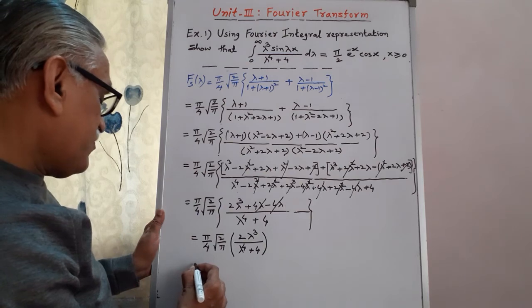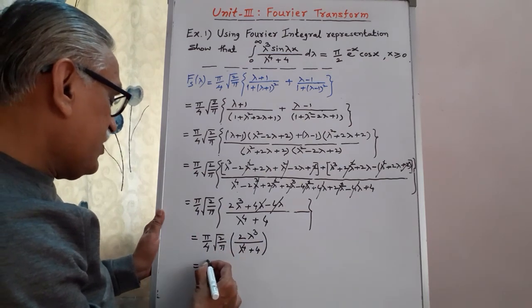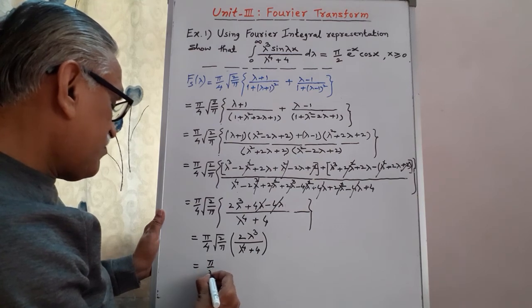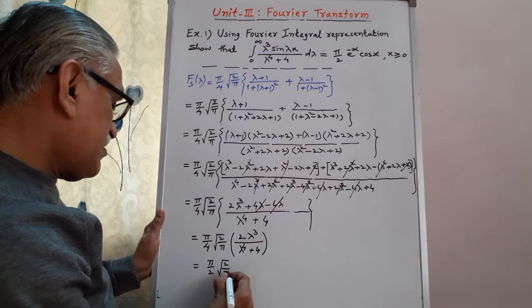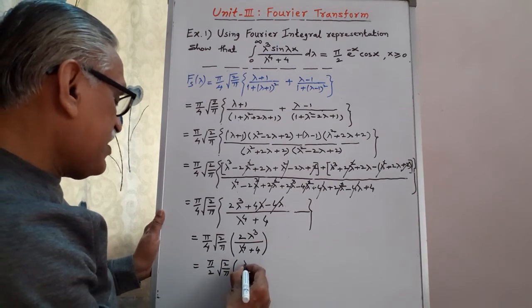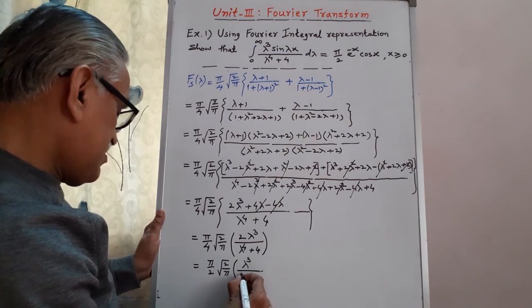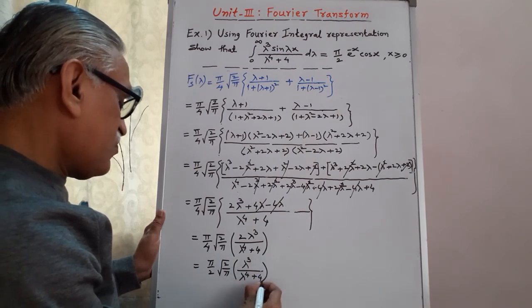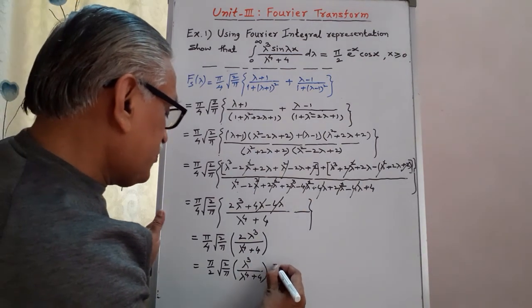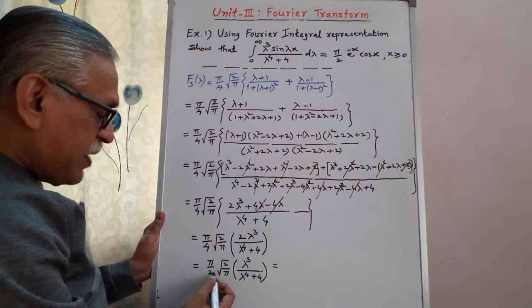And therefore, if we divide by 2, here we have pi by 2 into root 2 by pi multiplied by lambda cube divided by lambda raised to 4 plus 4, and that is equal to this one I can write down as root pi by 2 into root pi by 2.